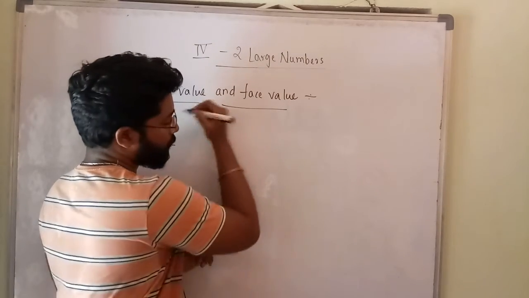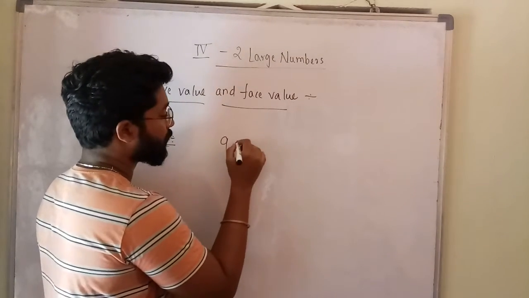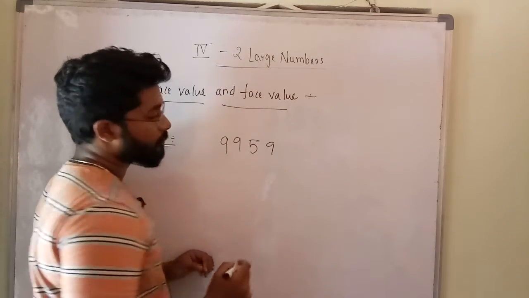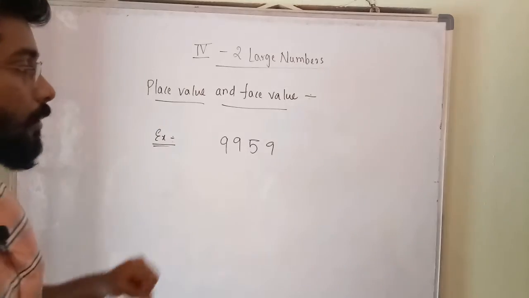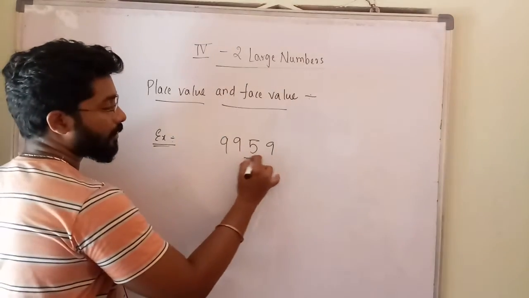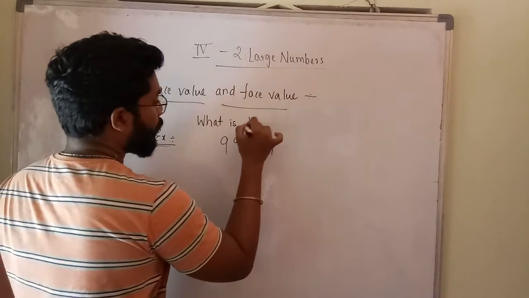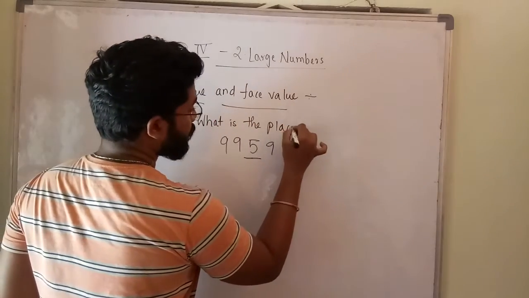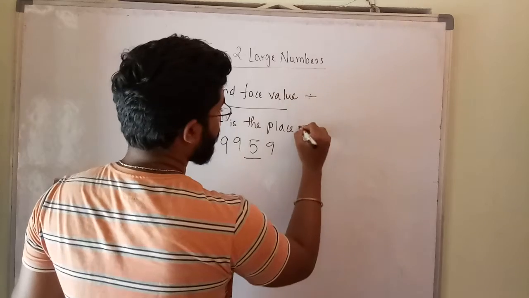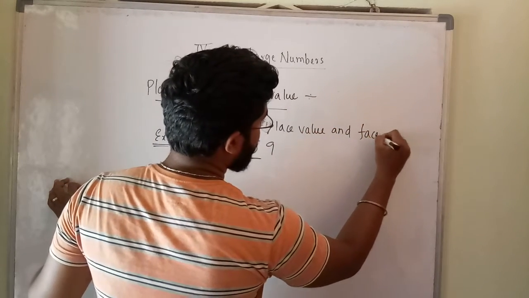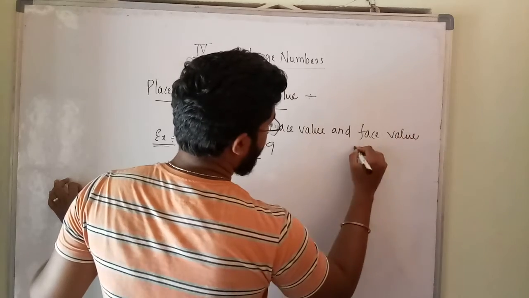Let us take 9,959. You have to find the place value and face value of 5 only.